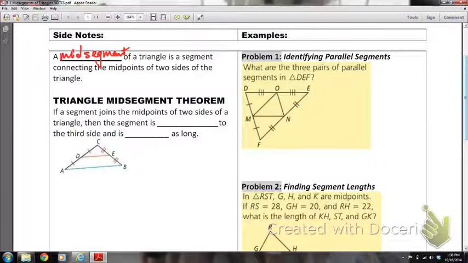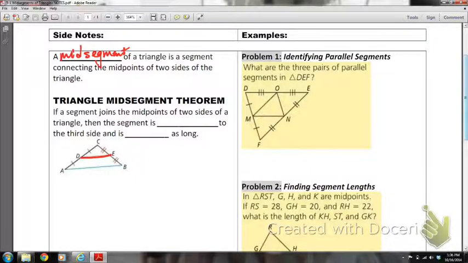So let's look at this triangle below. Here, point D and point E are both midpoints of two sides of a triangle. So the segment DE is the midsegment of that triangle because it's connecting two midpoints of two sides of a triangle.